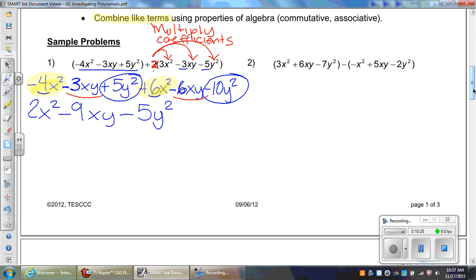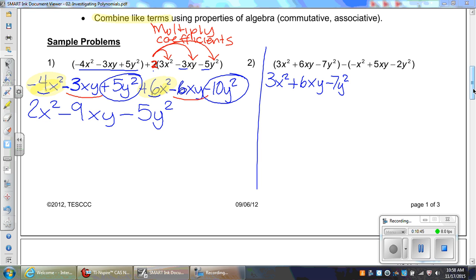Now let's move on to the next one, and I'm just going to set it up for you. Don't worry, in a minute you'll get a chance to multiply. So the first parenthesis, same thing, is just 3x squared plus 6xy minus 7y squared. So we could just get rid of the parentheses. However, here for the second polynomial, there is a negative sign in front of the parentheses, so we need to distribute that negative sign to every single term inside the parentheses.